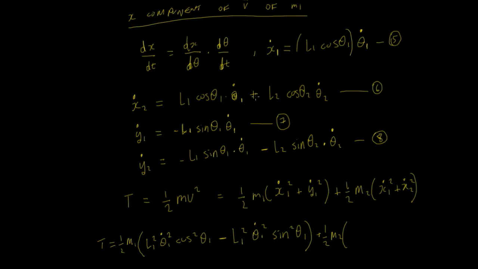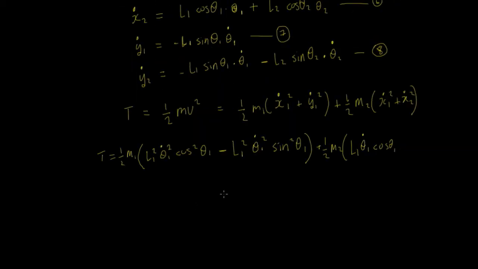The x part is this here, so we're going to have this squared, L1 theta 1 dot times cos theta 1, plus, coming down onto the next line, this is where it gets quite long and involved, plus L2 theta 2 dot times cos theta 2.